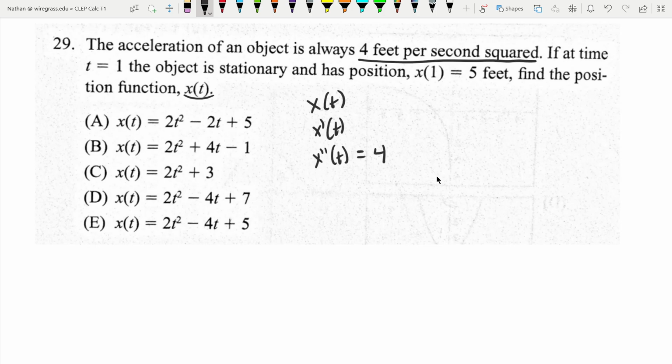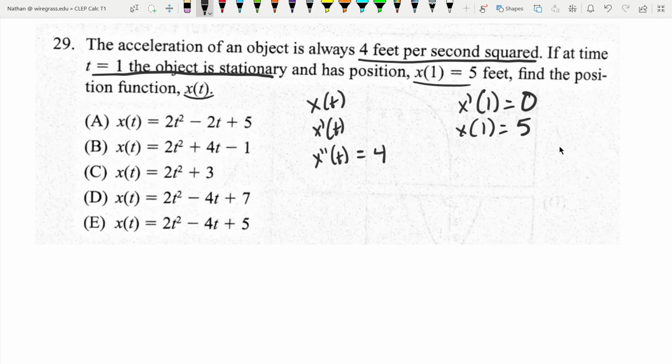Now, it tells us two things. If at time 1, the object is stationary, meaning it's not moving, in other words, the velocity, so x prime at 1, if it's stationary, that means the velocity is 0 because it's not moving at all. Now, it also says that position is x of 1 equals 5.